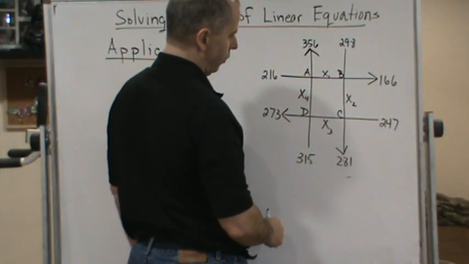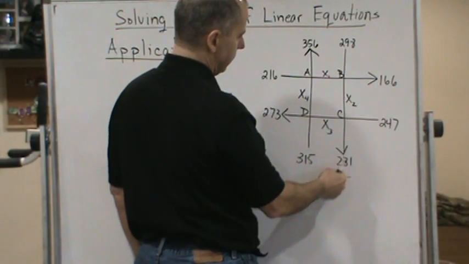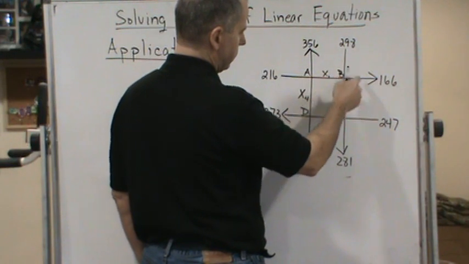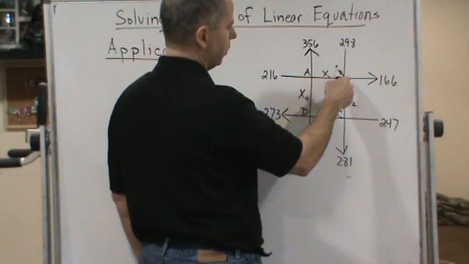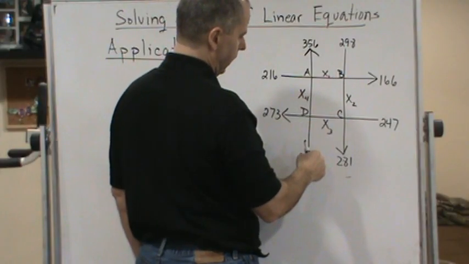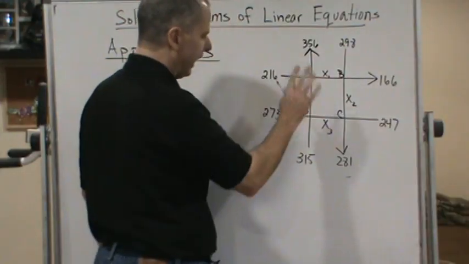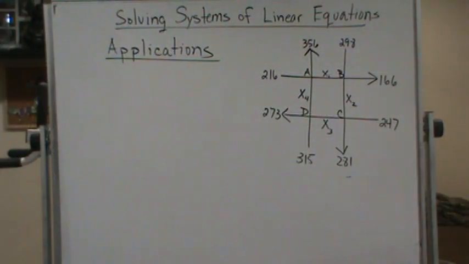So you can see that if this is coming in and this is going out, then obviously we have cars that are turning, right? Either turning left here or turning right here. Okay, but again, that's the general setup.